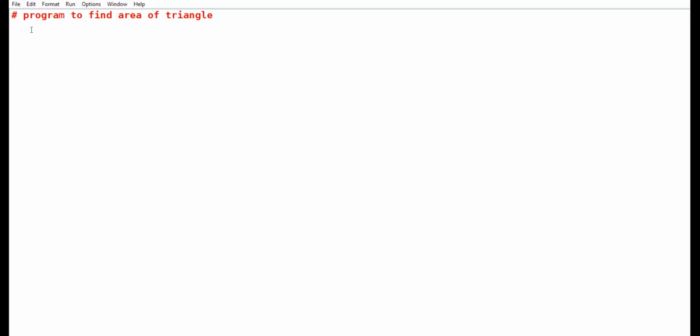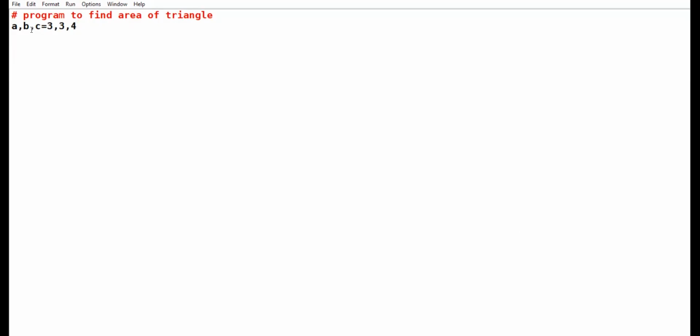So let us start. We need to have three sides. So I am taking A, comma B, comma C, and I am initializing them in one single statement, 3, 3, 4. My A is 3, my B is 3, and C is 4.